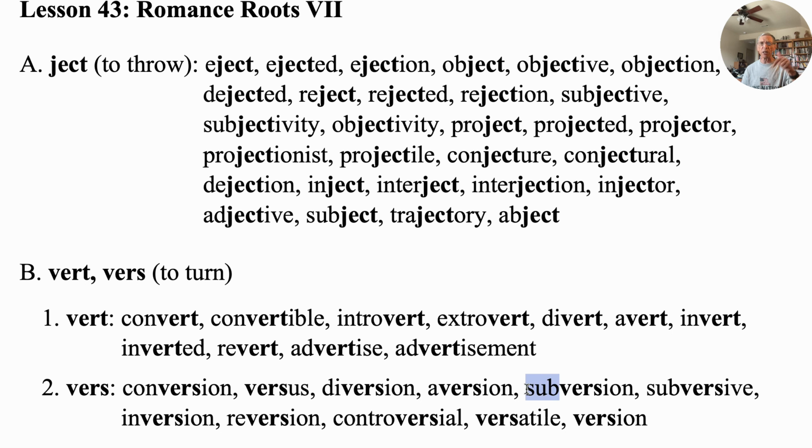Subversion, sub means under, and version means to turn. Of course, it's a noun with a shun on the end. So subversion is when you subvert something or subvert somebody. You undermine what they're trying to do.